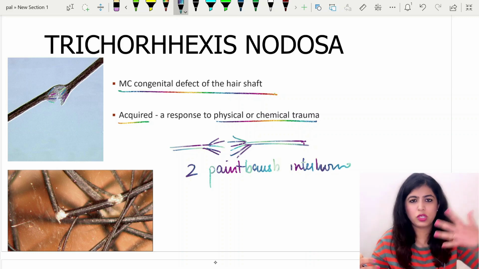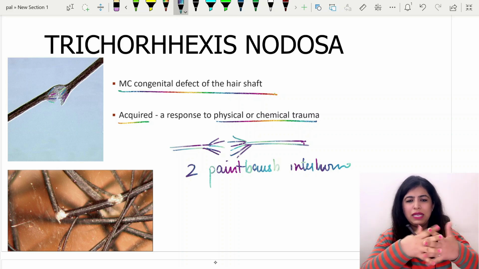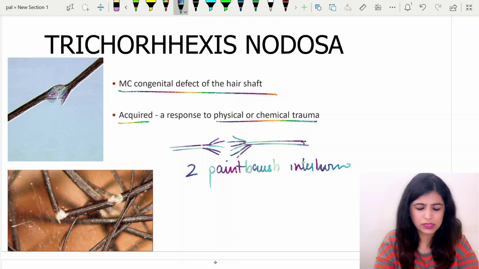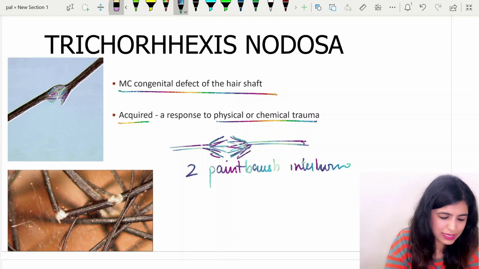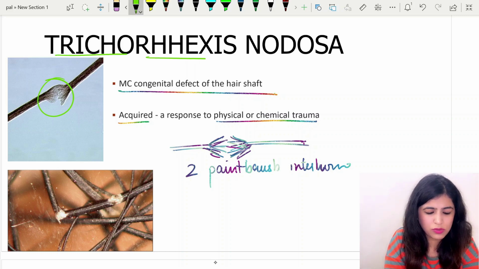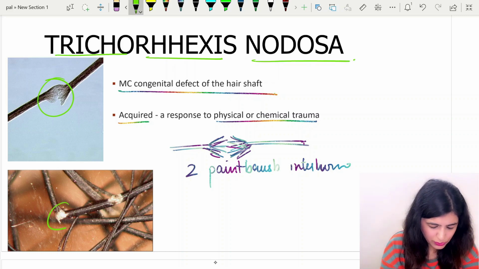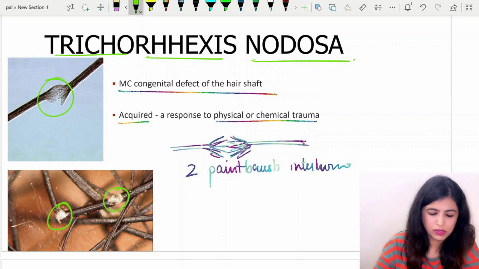So it is like you have one paintbrush, two paintbrushes, you have intertwined them together. So this gives the appearance of these two paintbrushes, like in this image here, intertwining into each other. This is trichorexis nodosa. Look at this image here, you get a similar look.